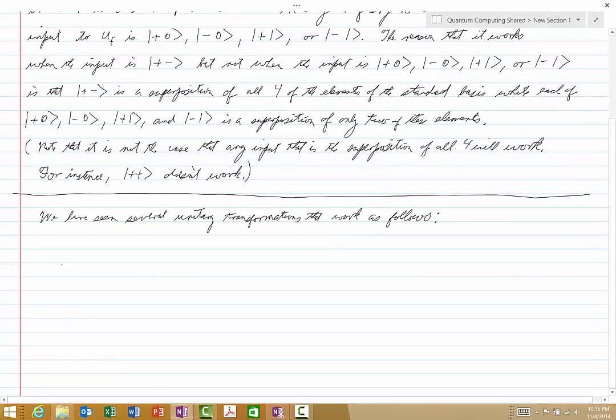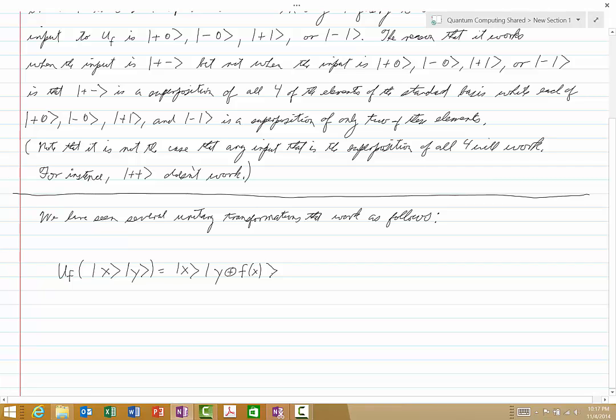We have U sub F acting on X, Y is equal to X, and then Y exclusive or f of X, for some function f.